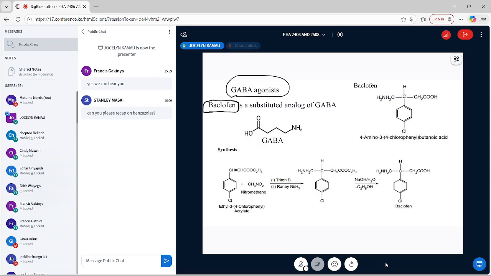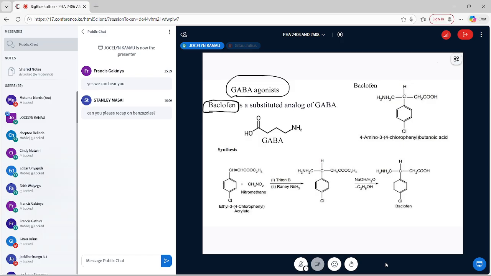the same receptor, the GABA receptor, and therefore there must be a structural difference to give it higher lipid solubility for it to get to the receptor, and also not to be an antagonist but still to be an agonist.